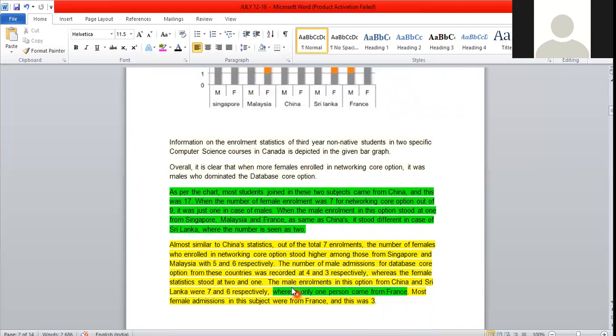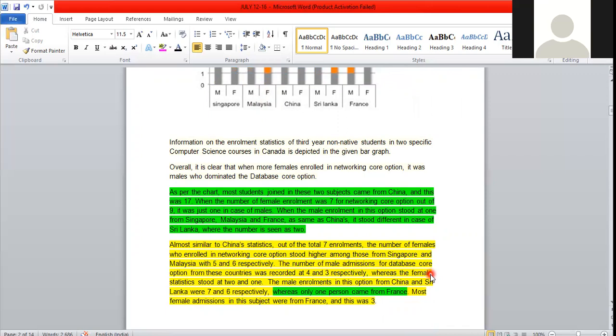The male enrollments in this option from China and Sri Lanka were 7 and 6 respectively.